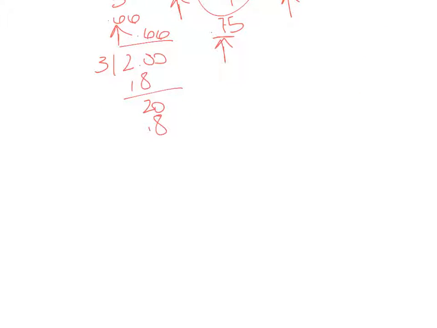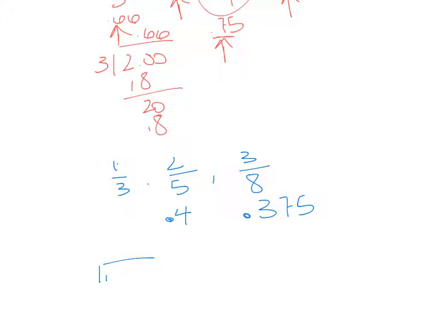And one more problem. 1/3, 2/5, 3/8. We have already learned that 2/5 is 0.4. We have learned that 3/8 is 0.375. So we just need to look at 1/3. 1.00 divided by 3. Decimal goes straight up. 3 into 10 is 3.